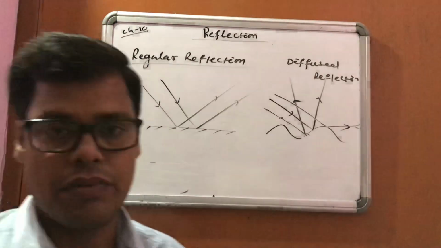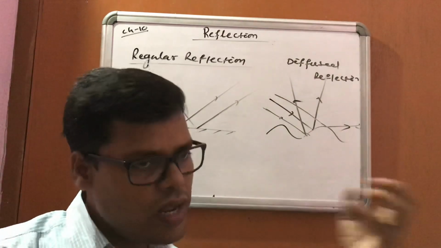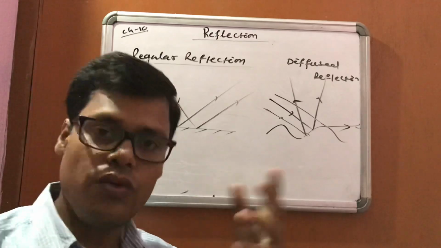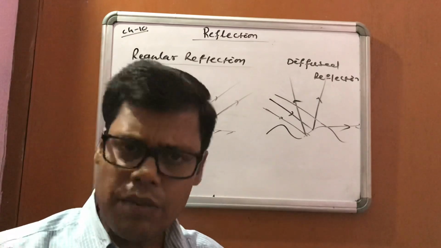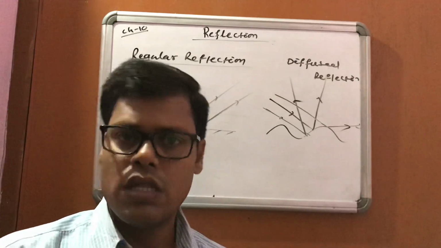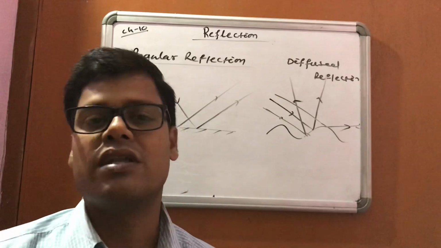You can take an example. We can see an object only when a light ray is incident on it and reflects to our eye. The image is formed in the eye, and then only we can see it. When we read a book, reflection takes place on the sheet of paper as well as in a plane mirror.